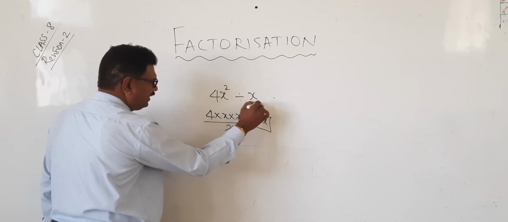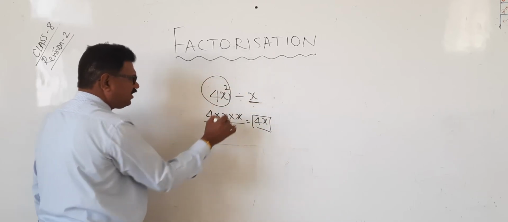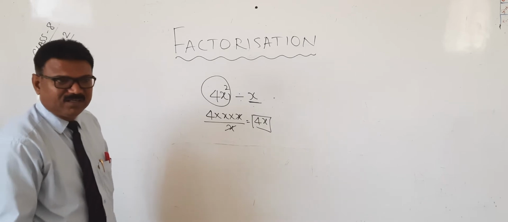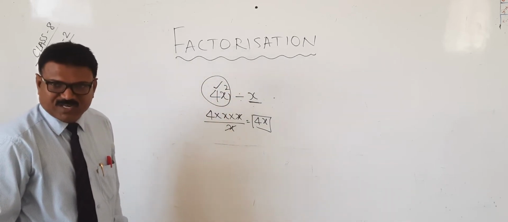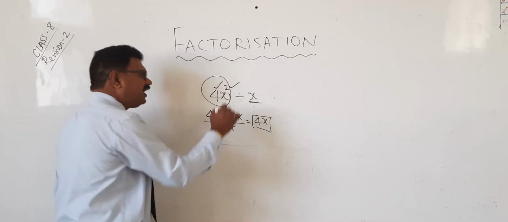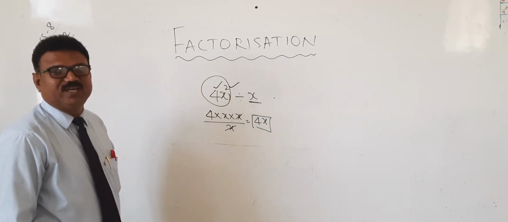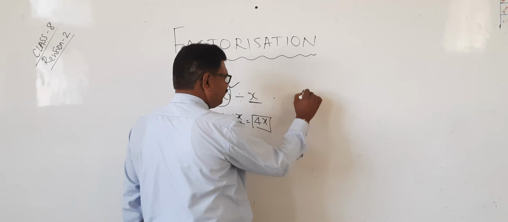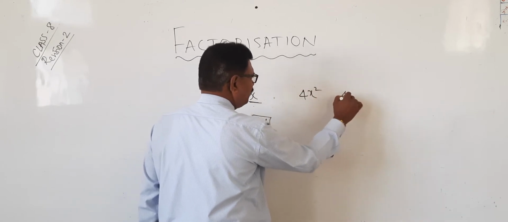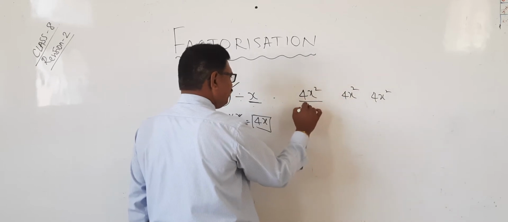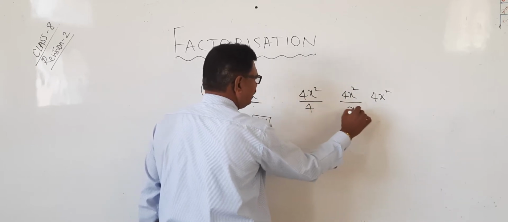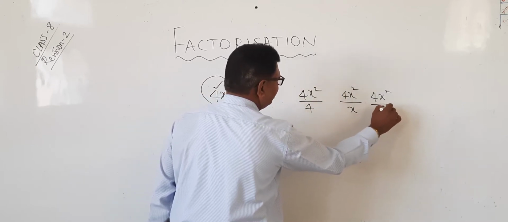That means x is a factor of 4x square. Like that only 4 is a factor of 4x square. X square is also a factor of 4x square, because you can divide 4x square with 4, with x, with x square.